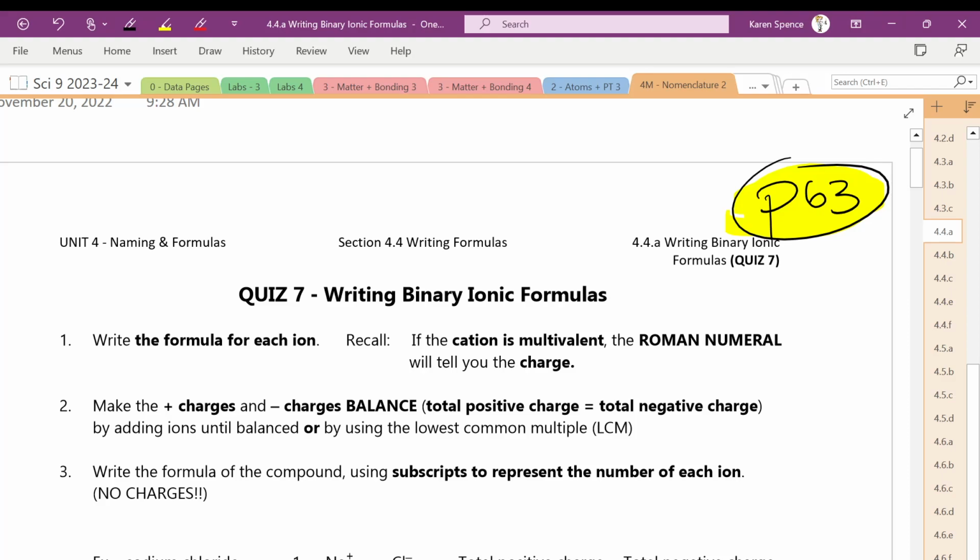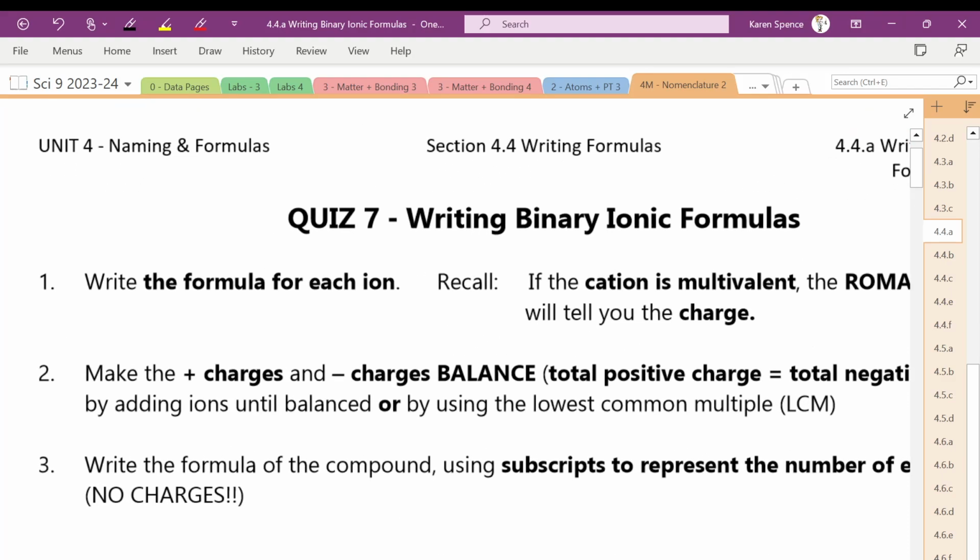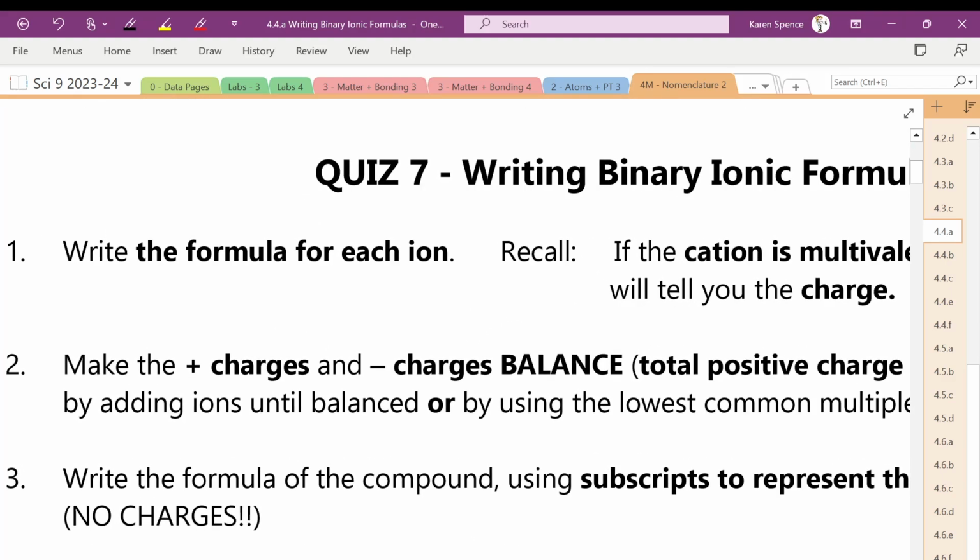Now we're going to take the name and go backwards to write the formula. So we're going to start with very straightforward ionic formulas. When you're writing an ionic compound, remember we're on page 63, and if you're not working on it, you're staying quiet so everyone else can pay attention.